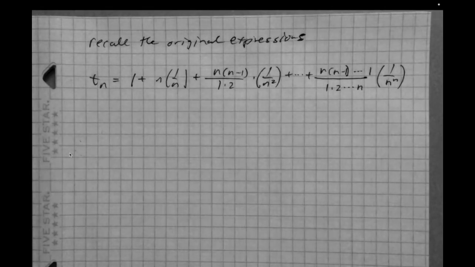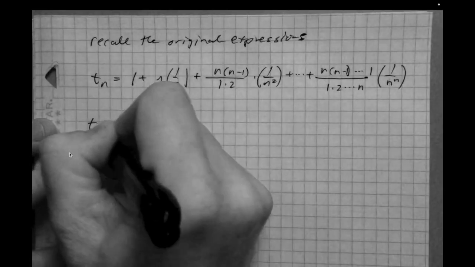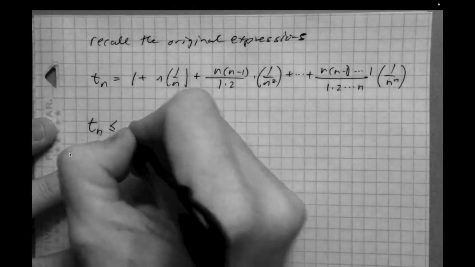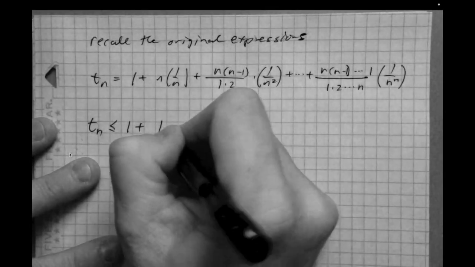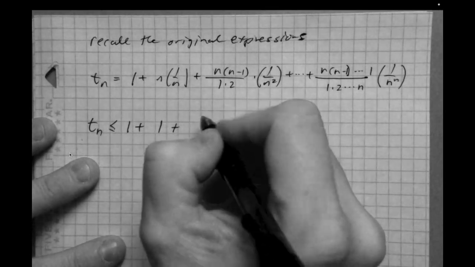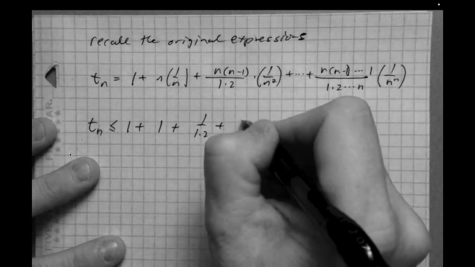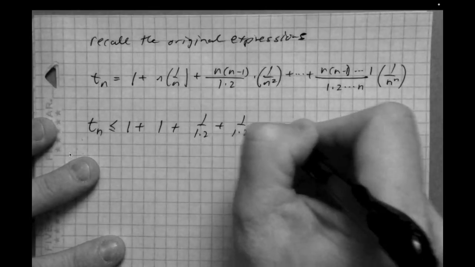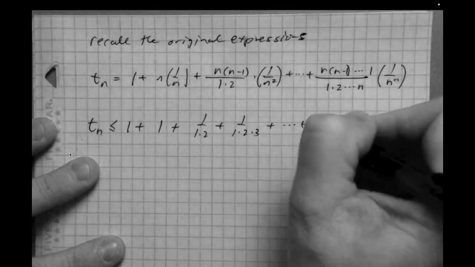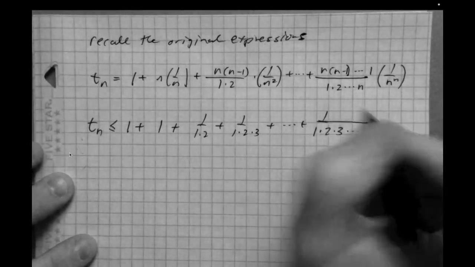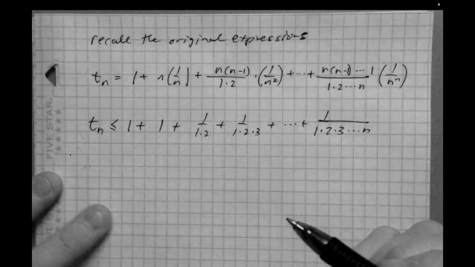And so what we can do here is we can say t sub n is less than or equal to 1 plus 1 plus 1 over 1 times 2 plus 1 over 1 times 2 times 3 plus dot dot dot plus 1 over 1 times 2 times 3 dot dot dot n. Okay, this is just a term-by-term comparison, right?